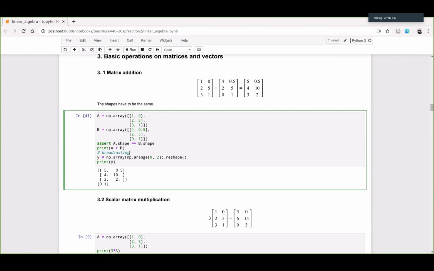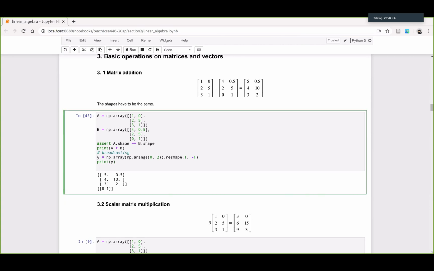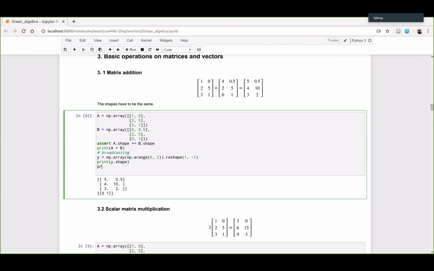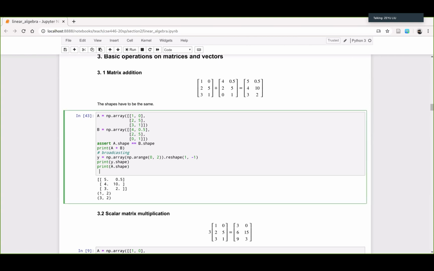I meant that if you have y with a shape of 1 here, but a and y have the same shape at the second dimension, you can do something like this, if I remember correctly, hopefully.